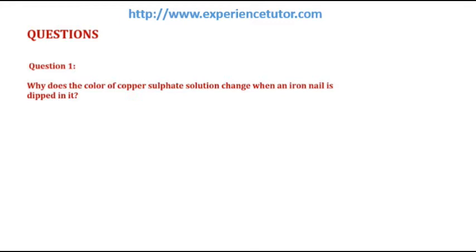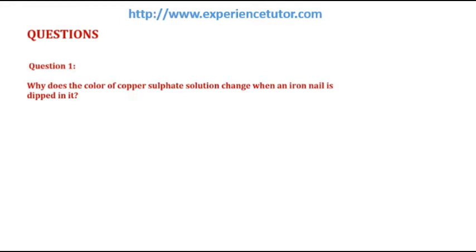Now let us see the questions for this lesson. Question number 1. Why does the color of the copper sulfate solution change when an iron nail is dipped in it? When an iron nail is dipped in the copper sulfate solution, iron displaces copper from copper sulfate solution, forming iron sulfate, which is green in color.